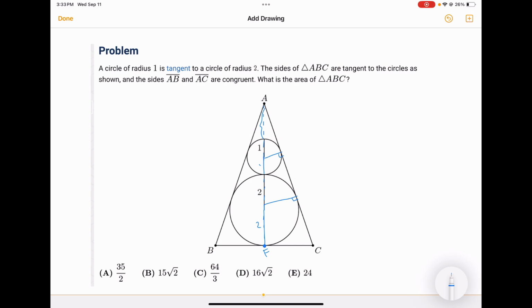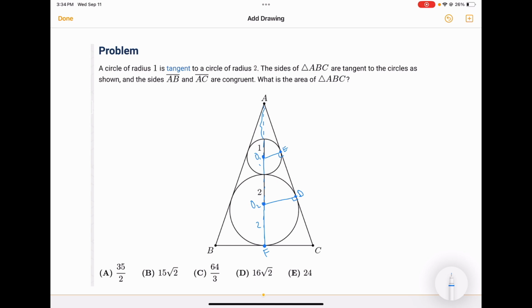I'm going to name this point E and this point D. Okay, so now that I have all the points labeled, we see that triangle AO1E and triangle AO2D are similar, and so we can use proportions.